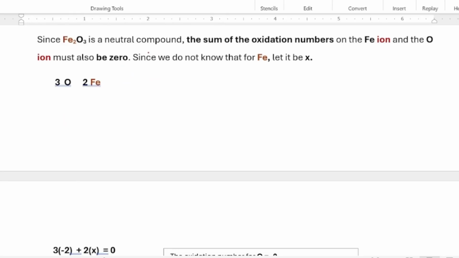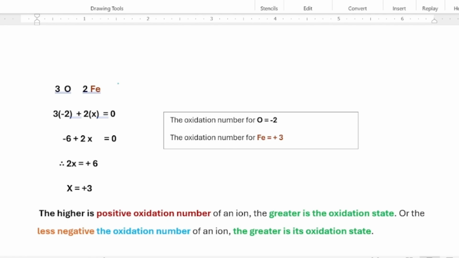Since iron(III) oxide is a neutral compound, the sum of the oxidation numbers on the iron ion and the oxygen ion must be 0. Since we do not know that for iron, let it be represented by x. In this compound, we have 3 oxygen atoms and 2 iron atoms.